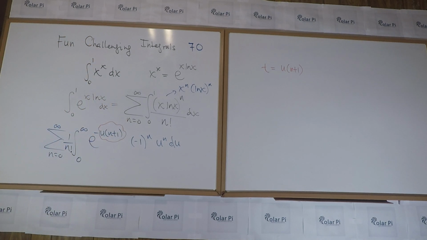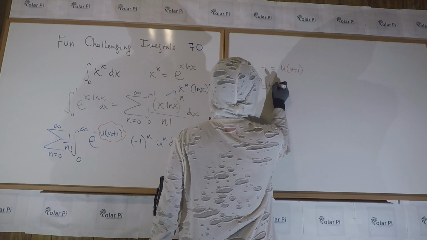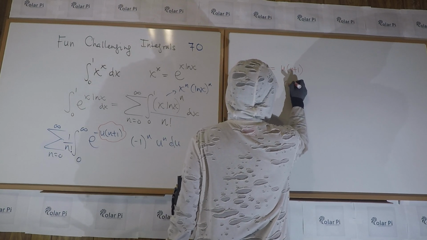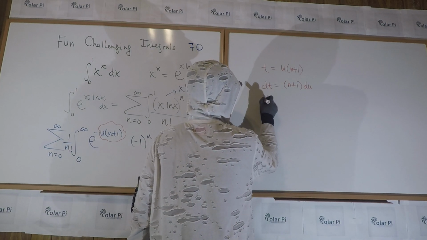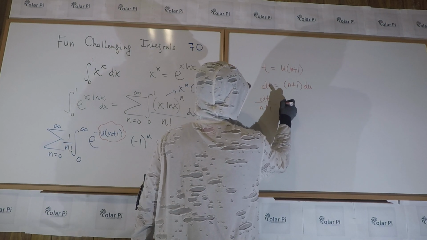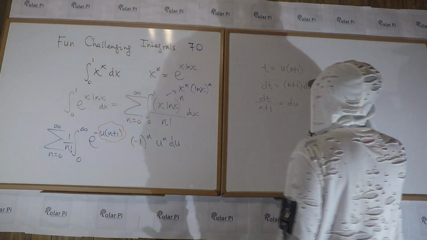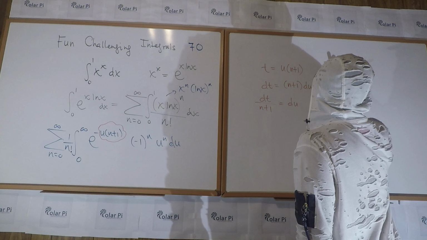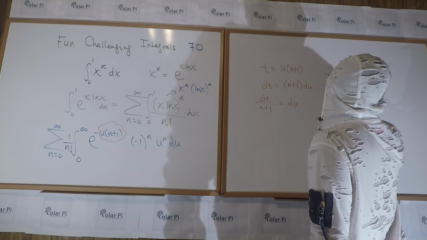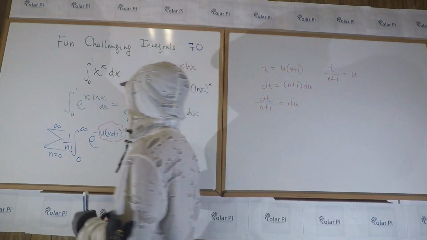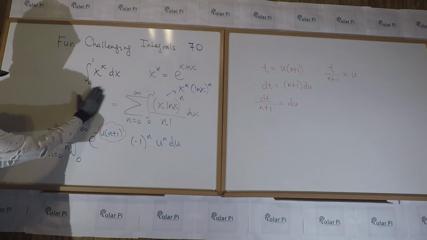Then dt is equal to n plus 1 du, from which we see that dt divided by n plus 1 is equal to du. And we also see that t divided by n plus 1 is equal to u. So we bring all this and we're going to substitute in here in blue.